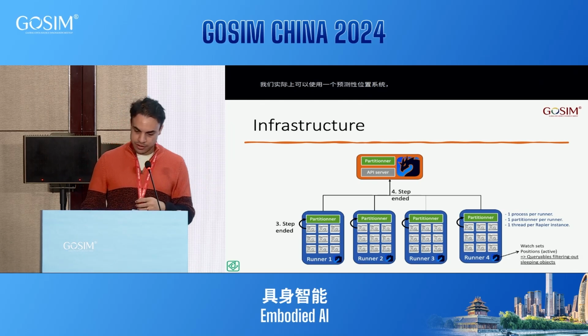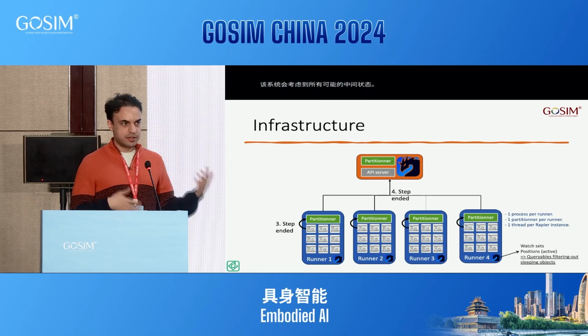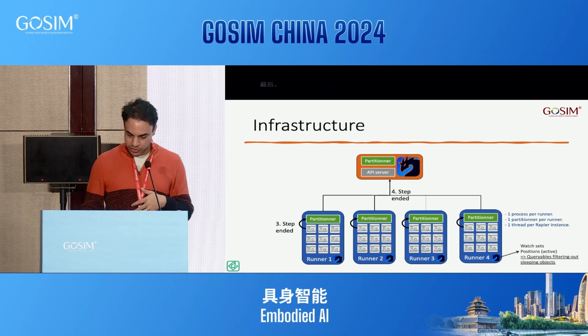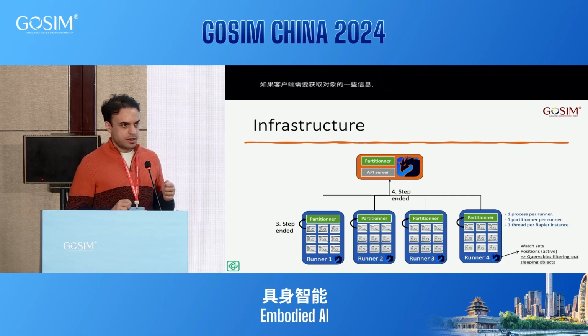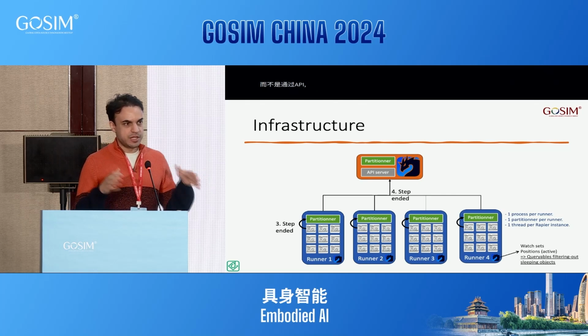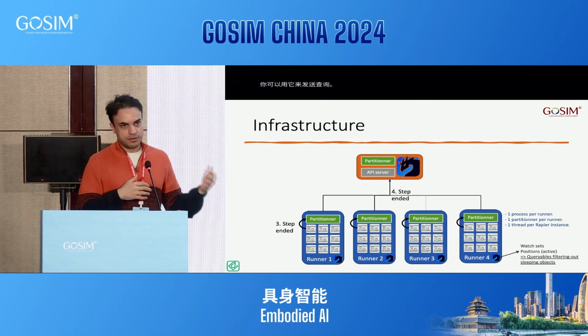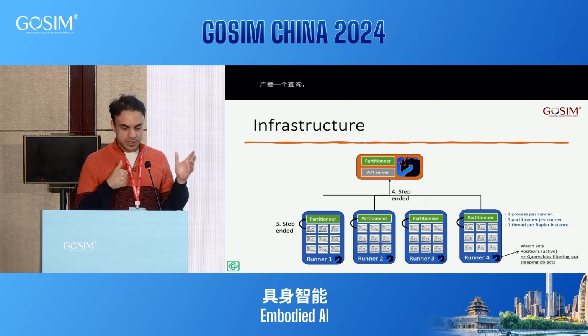And finally, if the client needs to get some information about the objects, instead of going through the API, it will directly query Zenoh, which has a very nice feature called queryables, which you can use to broadcast a query that then, based on the path of the query, a given runner will know that it is responsible for returning the desired information, and in particular, it can be used to return positions of objects.